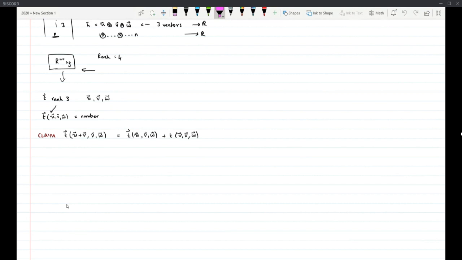Can anyone tell me how you'd go about proving this? I want someone who hasn't spoken yet, Apurva. I just want you to tell me, when you see this equation written down, what do you think about? Apurva, can you tell me what you see?